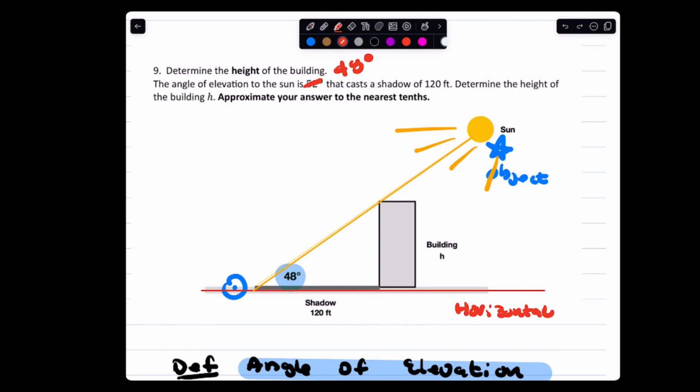How do you know they want us to find the height? Because they say determine the what? Height. Height is the letter H, by the way. And what's the shadow? Do you guys see the shadow? The shadow is right over here. So the shadow has a length of what? 120 feet. And they're telling you, cast a shadow of 120.